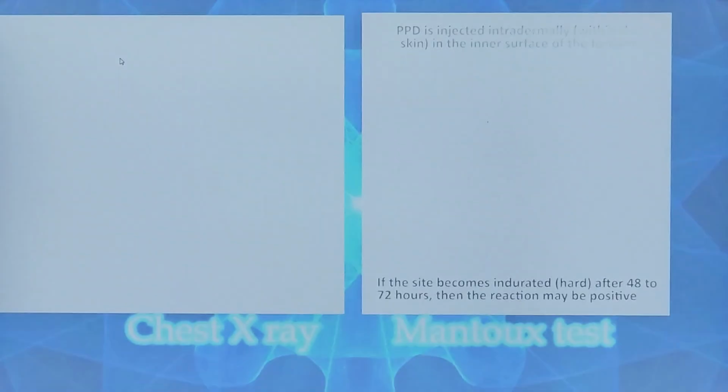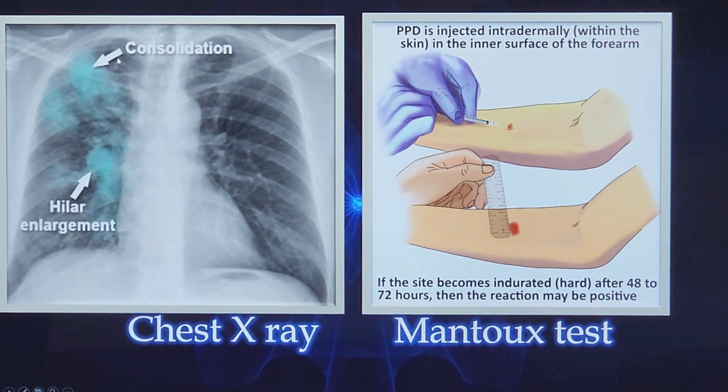Now, in the X-ray you will find findings suggestive of tuberculosis, and we'll go ahead and do a Mantoux test, where purified protein derivative will be injected intradermally in the inner surface of the forearm, and the induration will be read after 2 to 3 days.